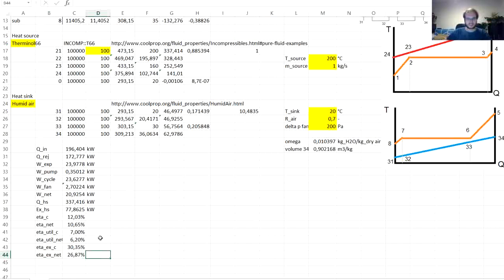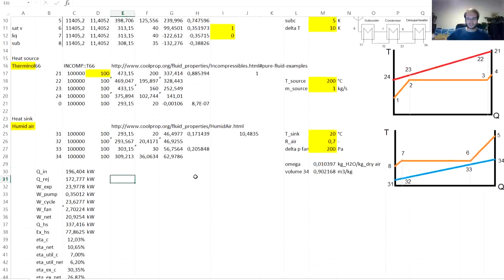Okay, now let's draw the QT diagrams and TS diagram of the cycle. So let's start with the QT diagrams, and let's have here the points 1 to 4. Here will be the heat transferred in units kilowatts.